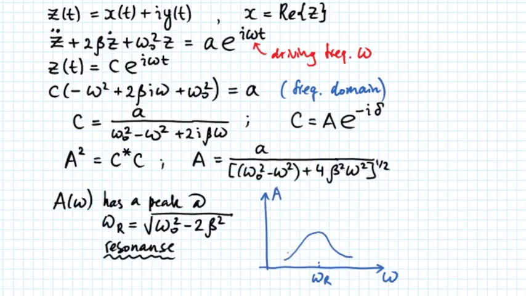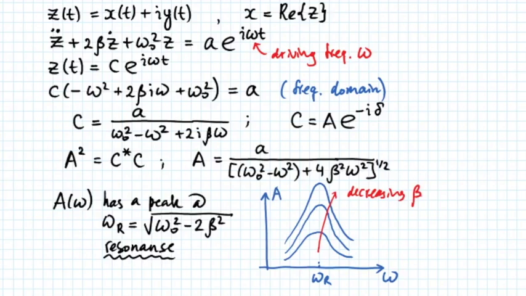And then as we decrease beta parameter, the peak becomes sharper. Note that we also expect the resonant frequency to be shifting to higher frequencies for decreasing beta.